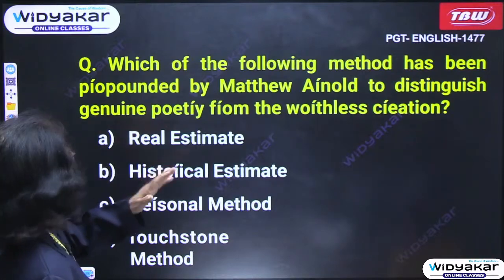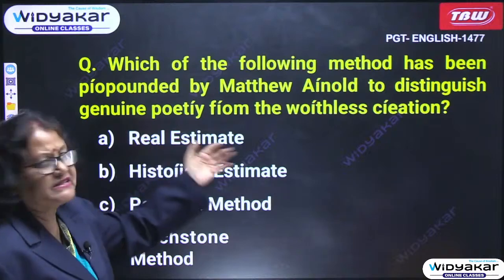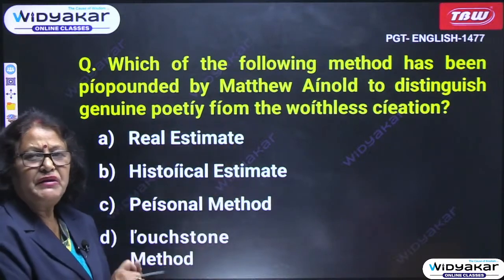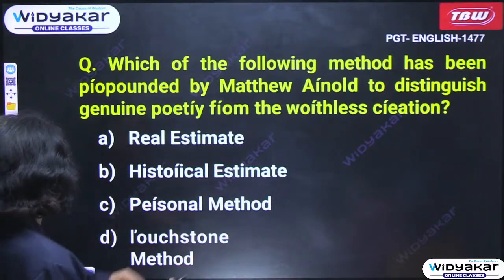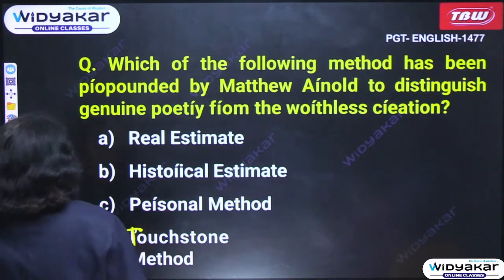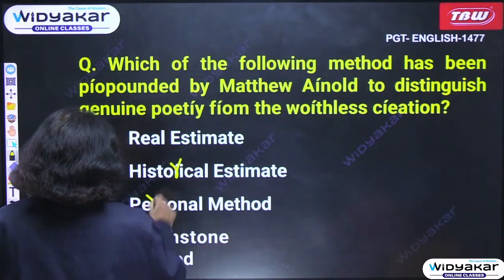Which of the following methods has been propounded by Matthew Arnold to distinguish genuine poetry from worthless creation? It is the touchstone method. A real estimate, B historical estimate, C personal estimate, D touchstone method.